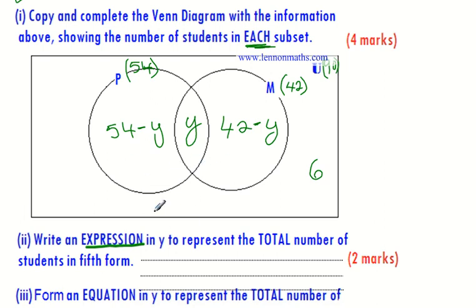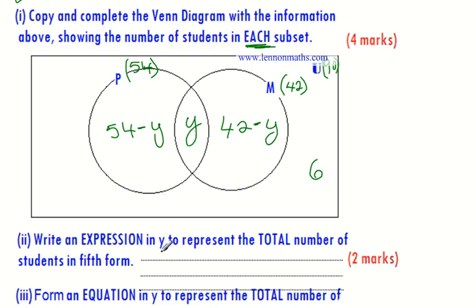So the total here means we're going to add up all the sections. We're going to add this section to this section, to this section, to this section. Because all of these students are different sets of students, different subsets, in other words. When we add them up, we'll get the total amount of students in the universal set, which is 90, because this whole Venn diagram comprises the 90 students in fifth form.